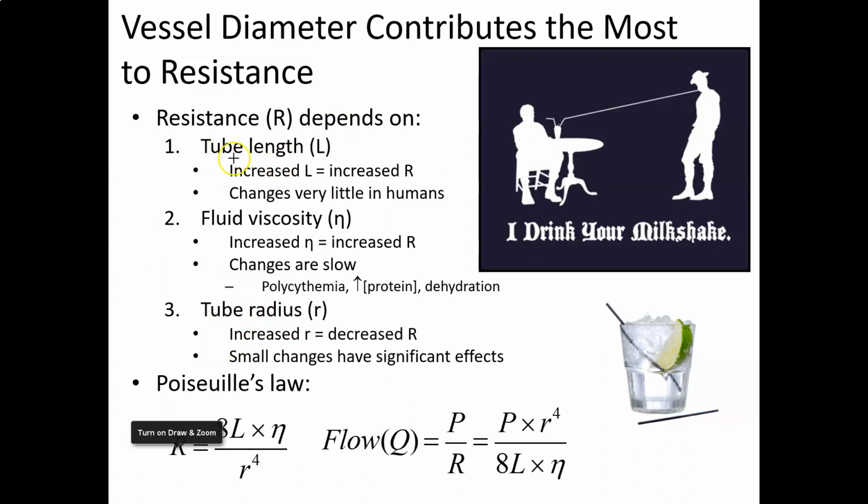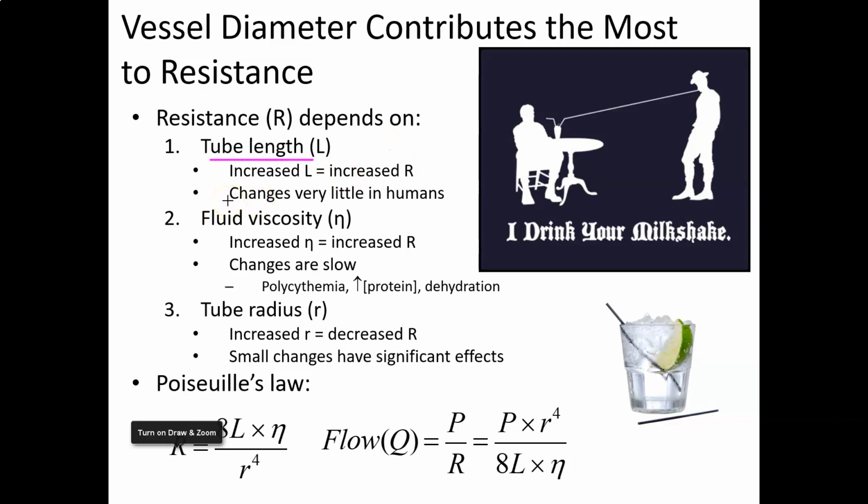We can't forget about length and viscosity because they do play a role, but from a control standpoint, the human body doesn't change the length of your blood vessels to change the resistance. Maybe if you had an arm or a leg cut off, you'd obviously change the length of your blood vessels, and that would change resistance. But your leg or arm would just fall off to control resistance. It changes very little in humans.